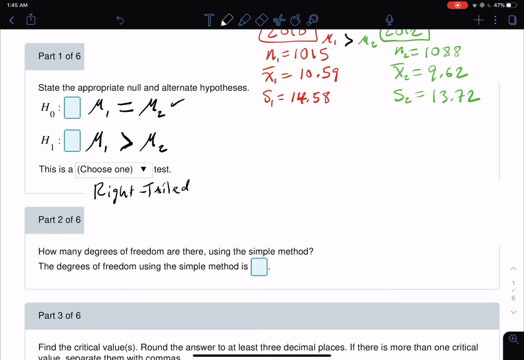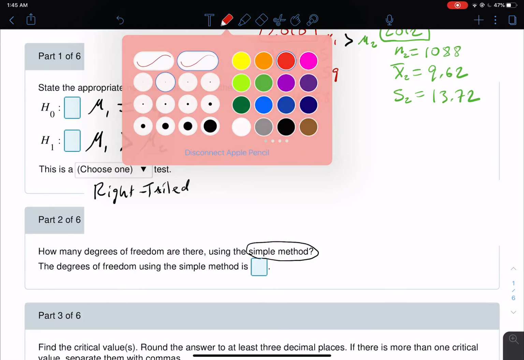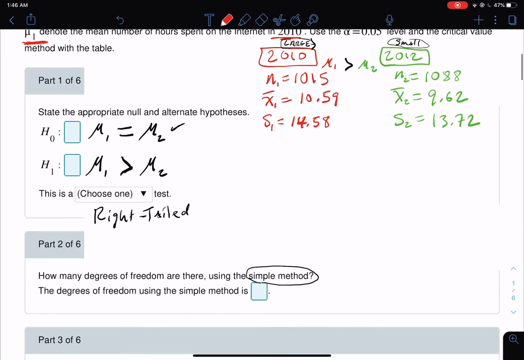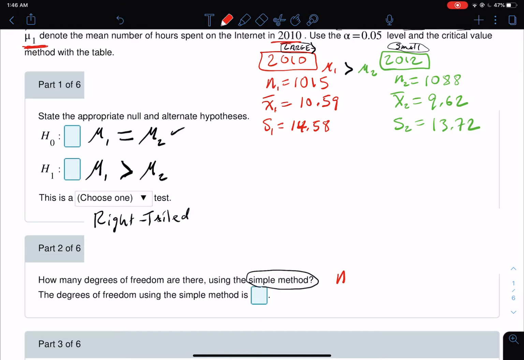Now this, using the simple method. So what I want to do is write down, remember degrees of freedom is always going to be based on the sample size. The thing here is we've got n sub 1, sample size is 1015, and then we got in green, n sub 2 says the sample size is 1088.